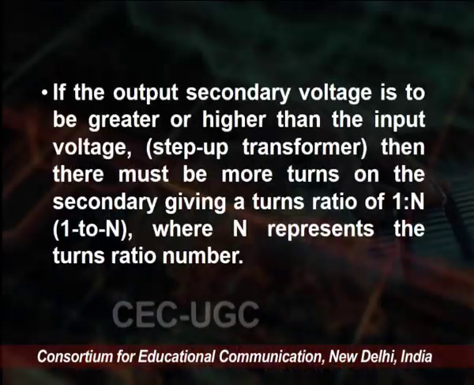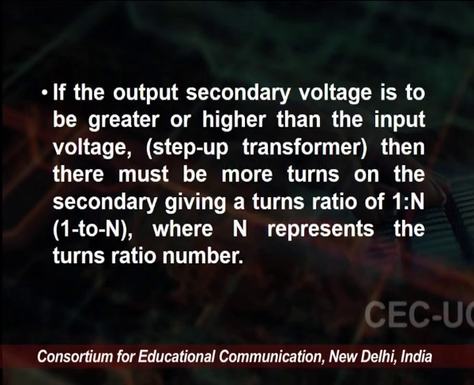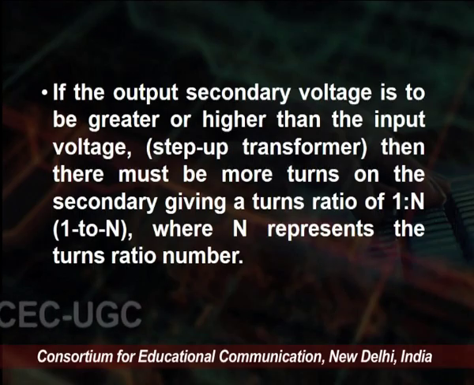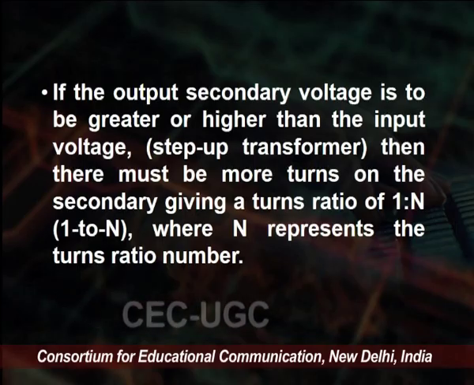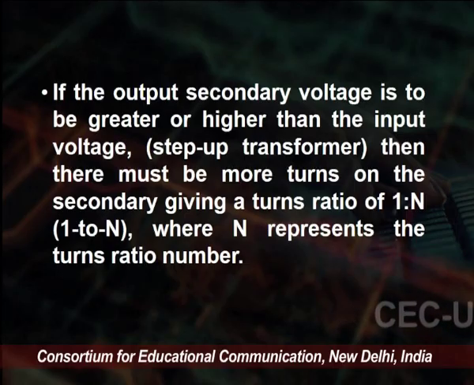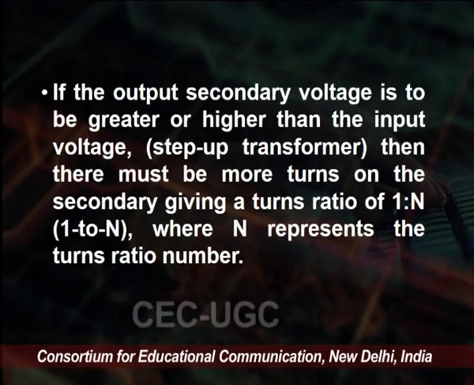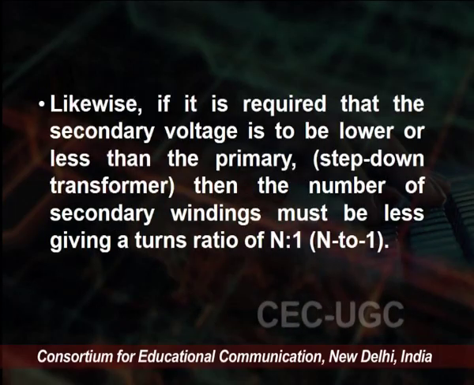So if the output secondary voltage is greater than the input voltage, then there must be more turns on the secondary, giving a turns ratio of 1:n. That n represents the turn ratio number, that is the case of the step up transformer.